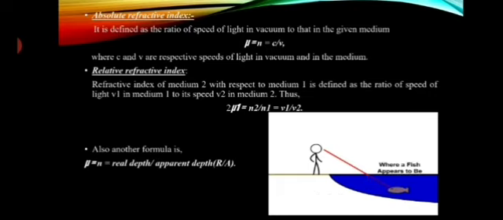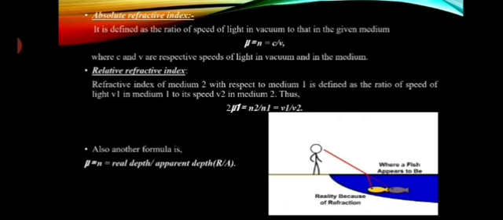When we look at an object in a water surface or any other medium, here we are considering you are looking at the fish in water. Now in reality the fish is at another position, whereas when you look at the fish it appears to be at another point.